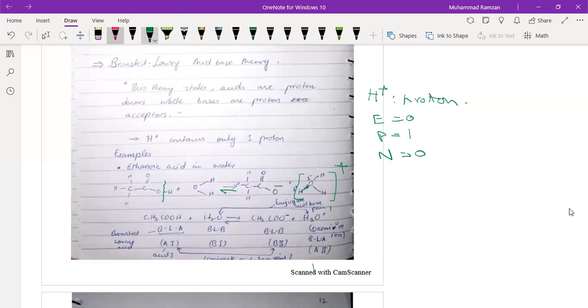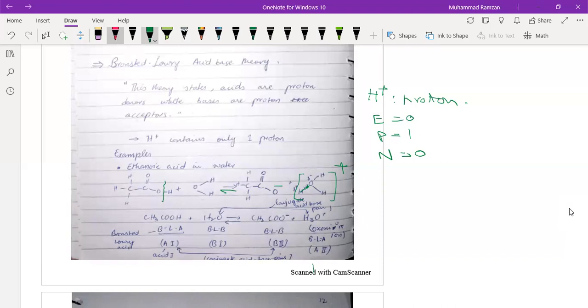For backward reaction, H3O plus is proton donor, and CH3COO minus is proton acceptor. This gives H plus and it receives H plus. And this is base and this is acid. Bronsted-Lowry base and Bronsted-Lowry acid.